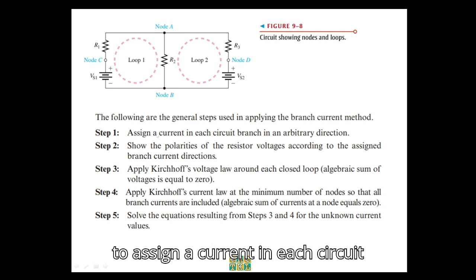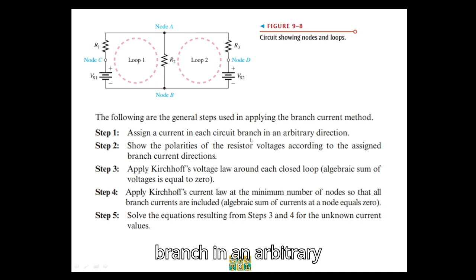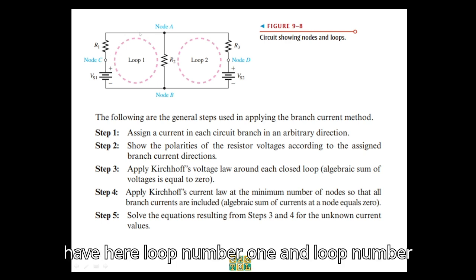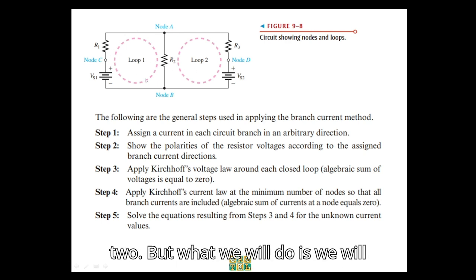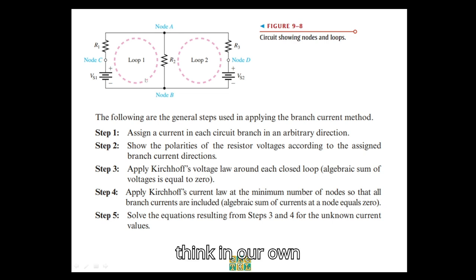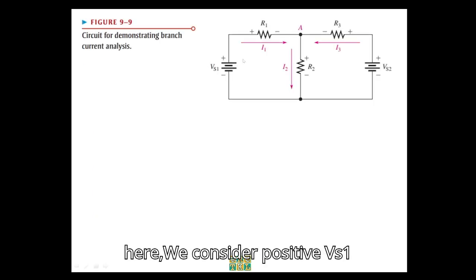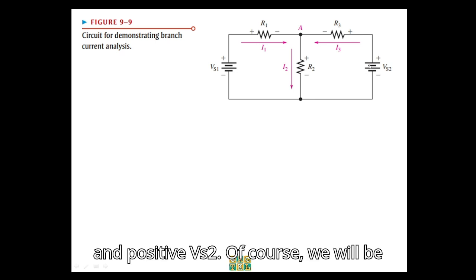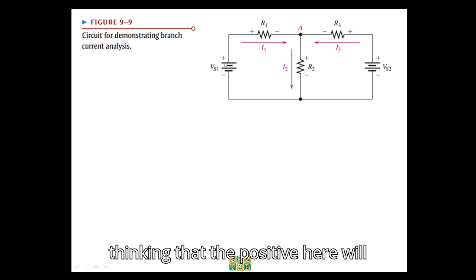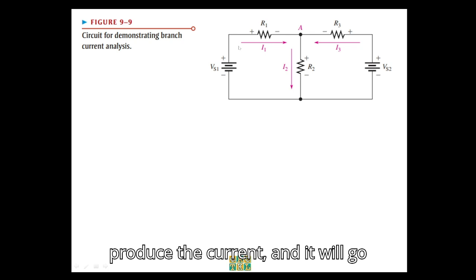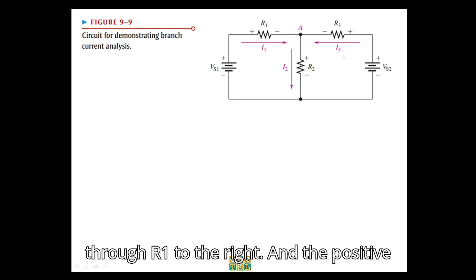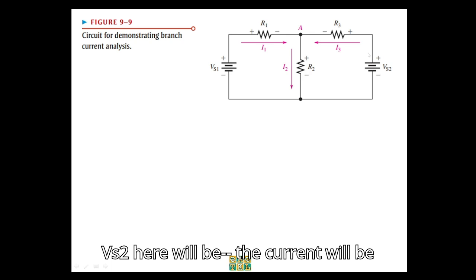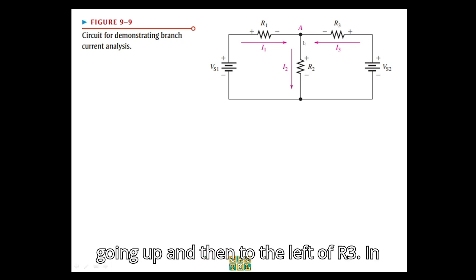But let's see the steps. The first step is to assign a current in each circuit branch in an arbitrary direction. As you can see here, we have loop number 1 and loop number 2. But we will think in our own way: what do you think will be the direction of the currents? For example, here we consider positive VS1 and positive VS2. Of course, we think that the positive here will produce the current and it will go through R1 to the right, and the positive VS2 here will produce a current going up and then to the left of R3.